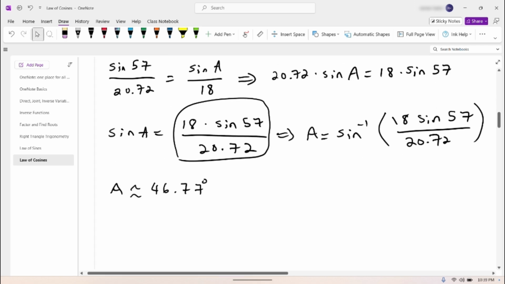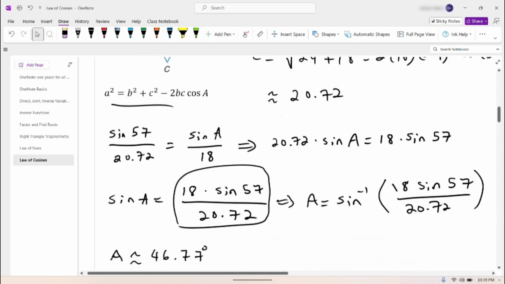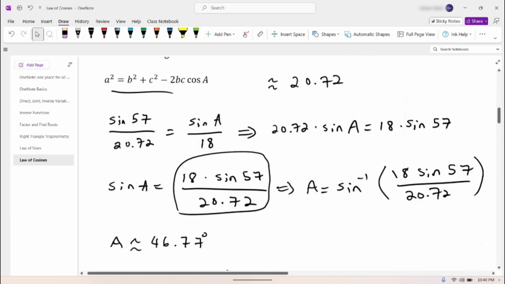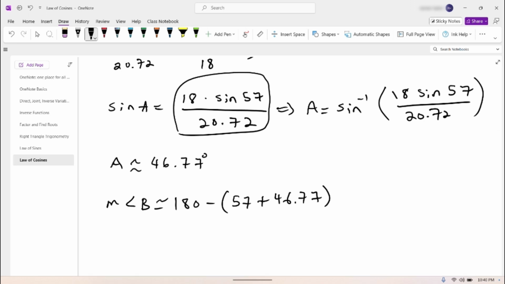All right. So now that I've found A, I can solve for the last angle, in this case, B. So the measure of angle B equals 180 minus, the other angle is 57, I believe. Yes, angle C is 57. So this is 57 plus 46.77. This should be an approximation because we did approximate angle A, so we are in approximation territory already.